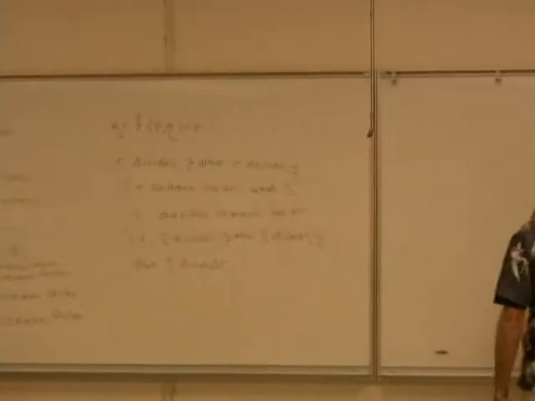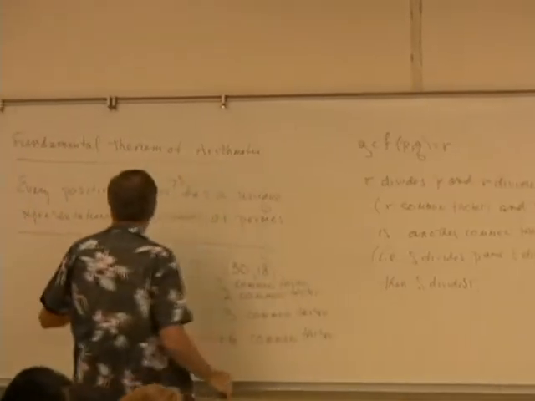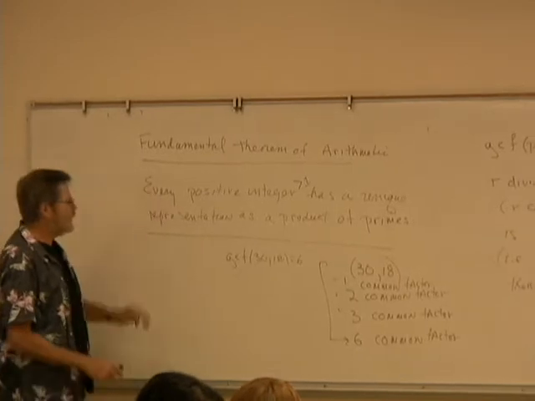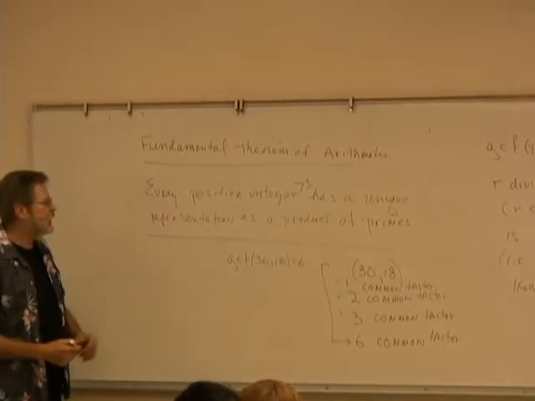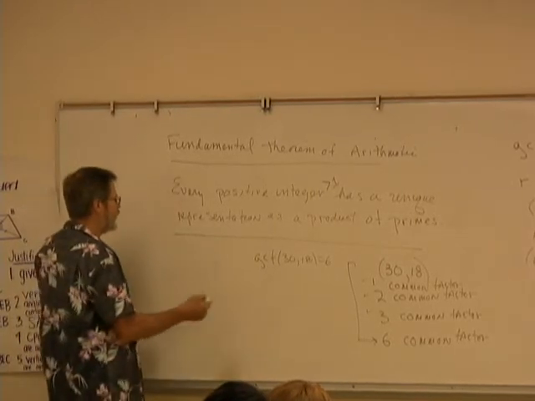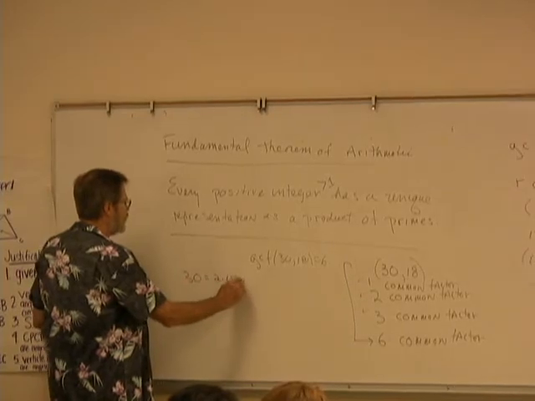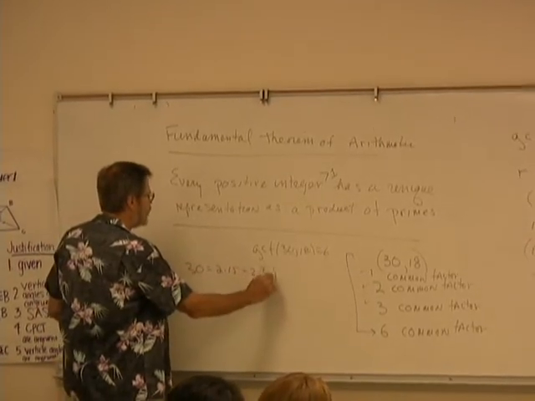So, given two integers, if you want to go about the process of finding the greatest common factor, one standard technique would be, if I work with 30 and 18, 30 has a unique representation as a product of primes. I can write 30 as 2 times 15, or 2 times 3 times 5.